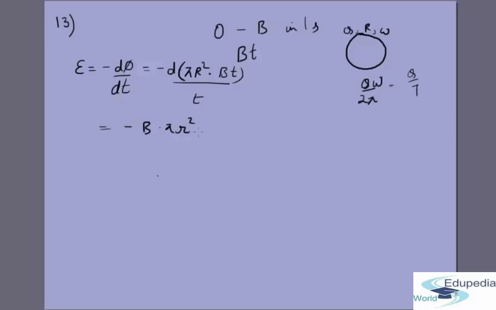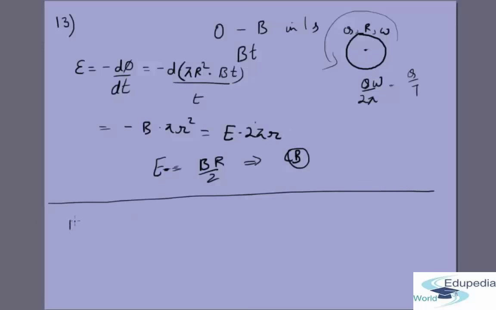The sign at this moment doesn't matter, and this is equal to the electric field into 2 pi r, because we know the magnetic field is along the axis, so the electric field will be in the circumferential direction. Again the sign really doesn't matter, we are just talking about magnitudes, so E is equal to pi cancels, Br by 2, which means the answer is B. So the answer to 13 is B. We are only asked the magnitude of the induced electric field, so Br by 2, which is B.